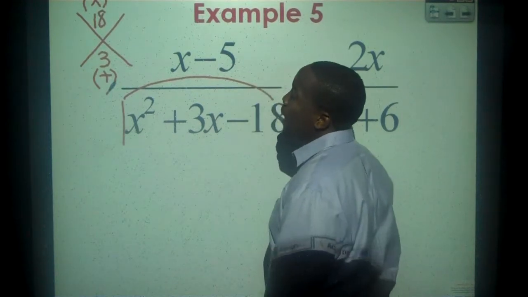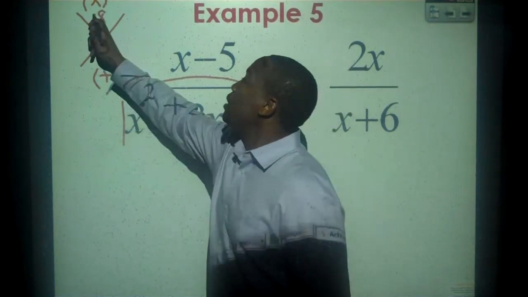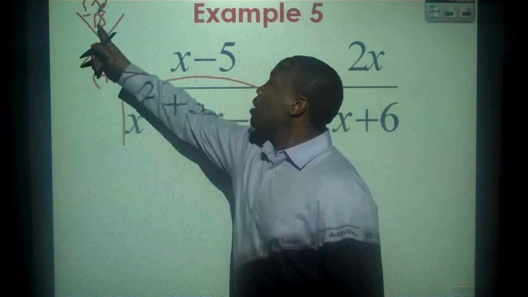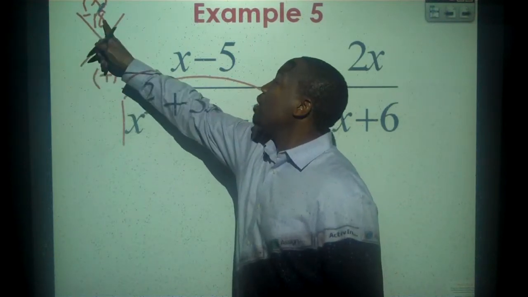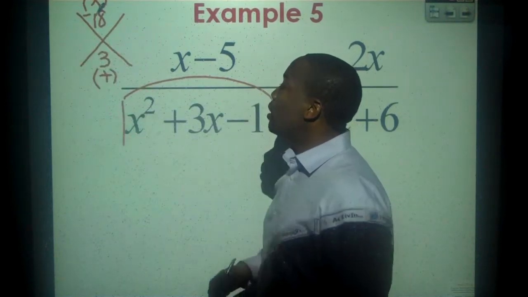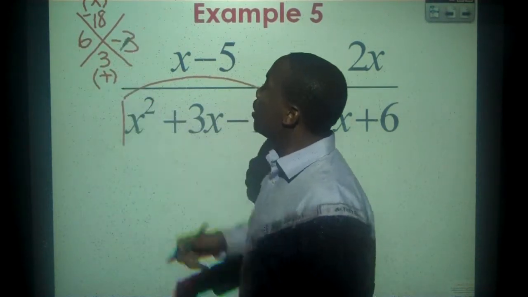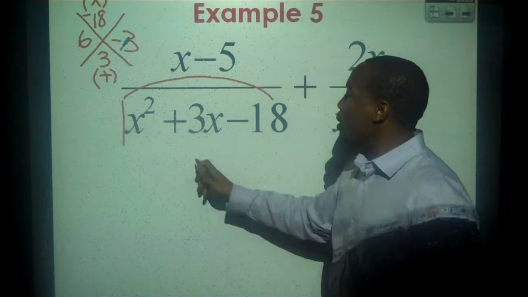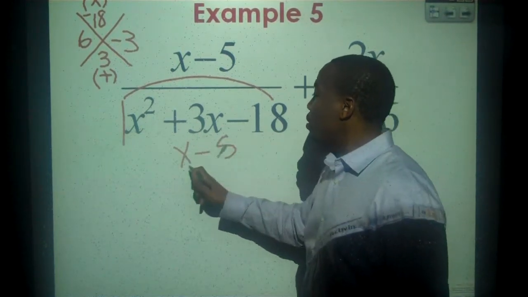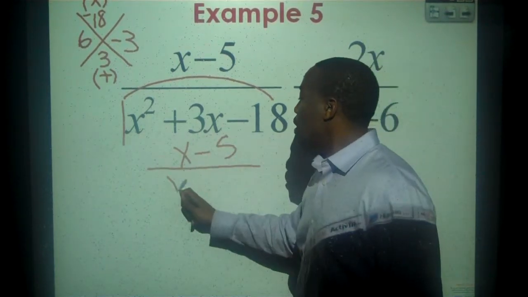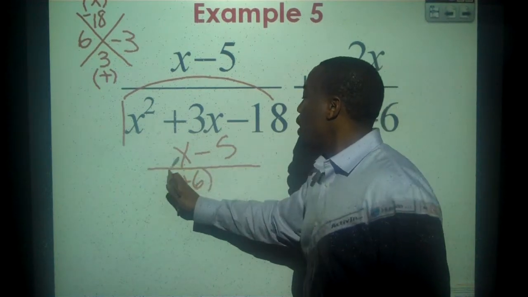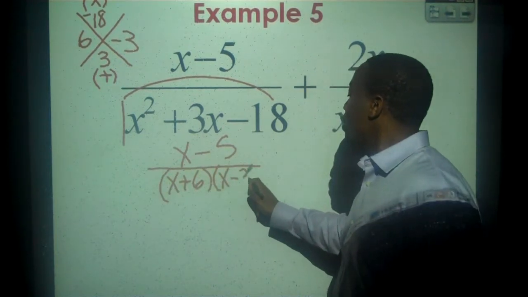What numbers will multiply to be negative 18 and add to be a positive 3? As you see, you'll get a 6 and a negative 3. And if we factor that out, we get x minus 5 over x plus 6 and x minus 3.